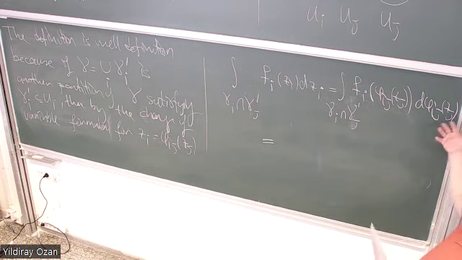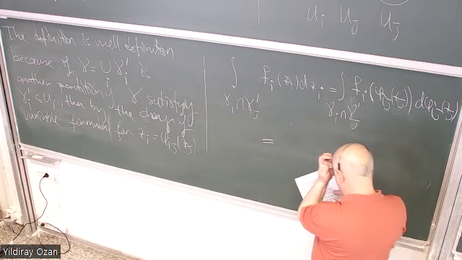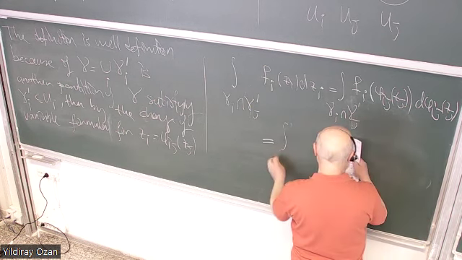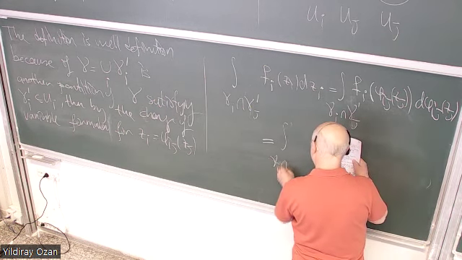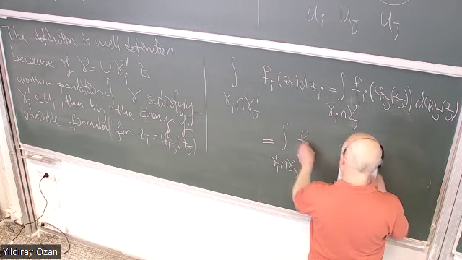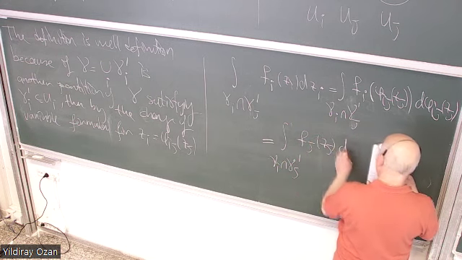So in the other coordinate system, I have this, which is just equal to the integral over gamma_i intersection gamma_j' of f_j(z_j) dz_j.